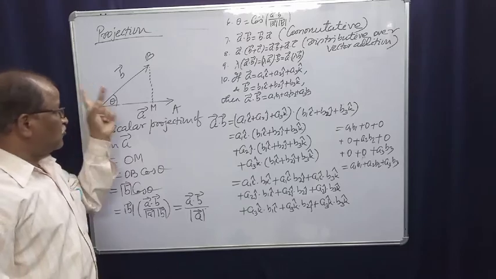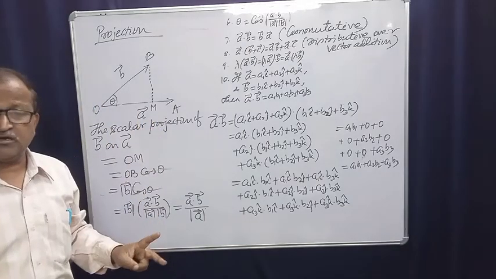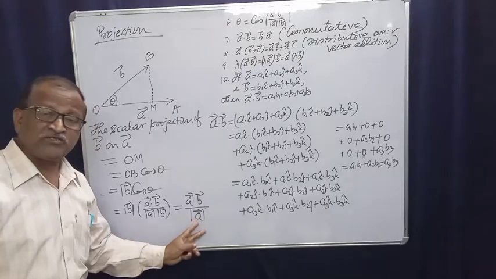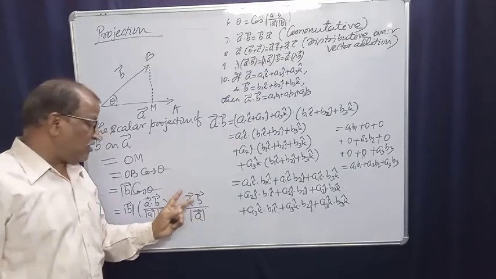That means on whichever vector we are taking the projection, we have to divide the dot product of the two vectors by the magnitude of that vector.